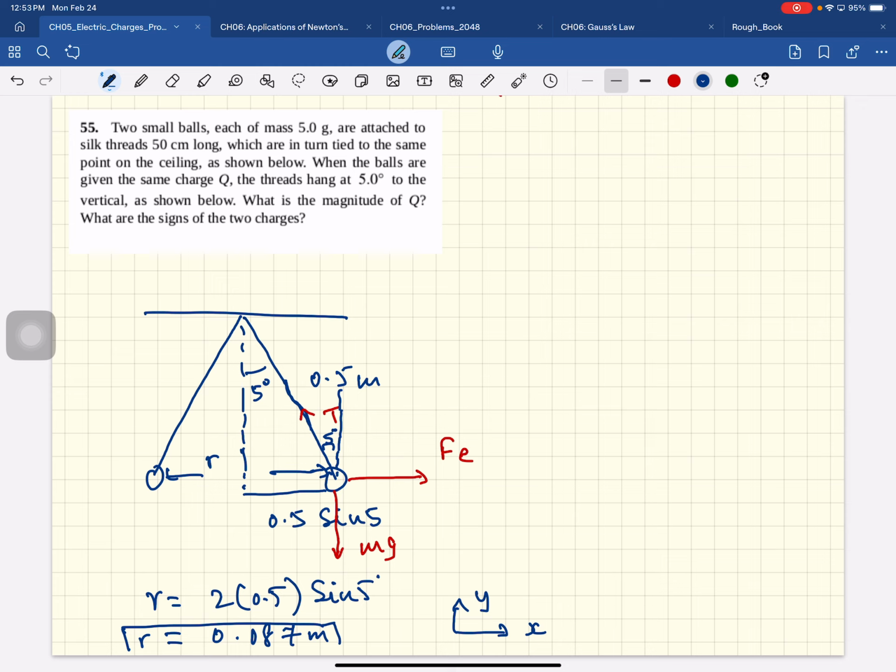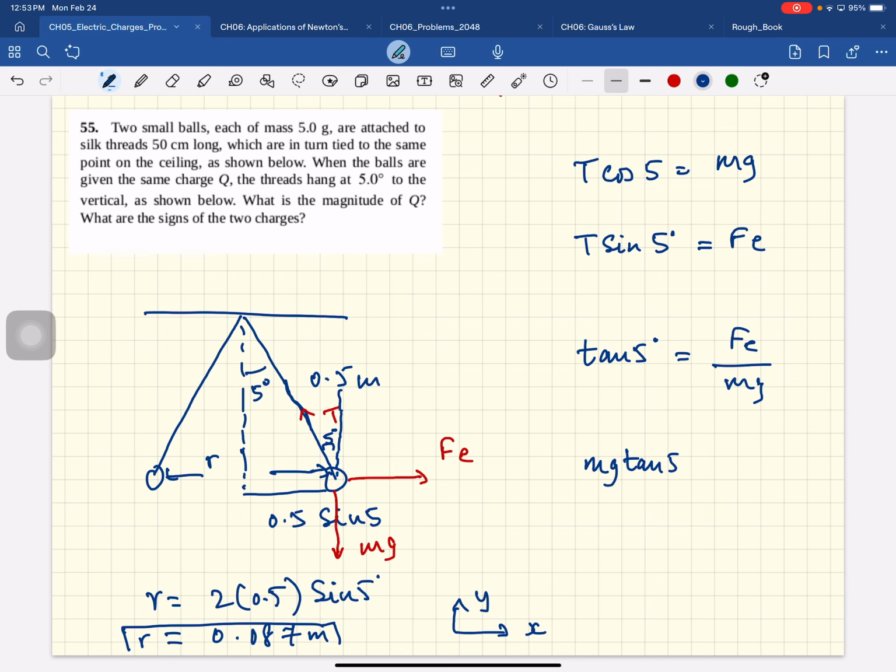So T cosine phi equal to mg, and T sine phi equal to the electrostatic force. So if you divide this by that, tan phi equal to the electrostatic force divided by mg. So mg times tan phi equal to k q square divided by r square.